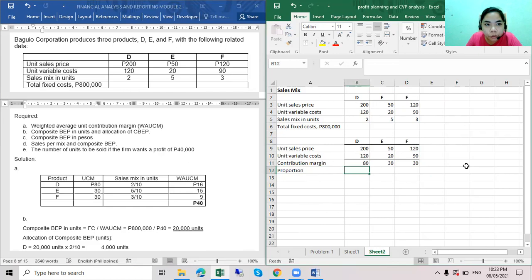So, proportion would be, since 2 plus 5 plus 3 is 10, so ang iyang proportion is 2 divide 10. So, 2 divide 10. Okay nga, naka-date na siya.